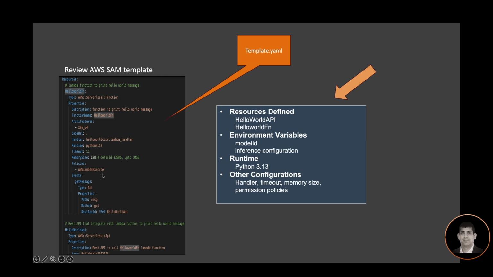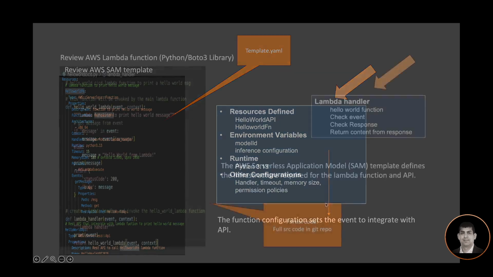I'm also defining an event which tells me that it's a type of API, so it's integrated with the API, and then within the Hello World API resource, I have the type and the description and name and few other parameters. So this function configuration sets the event to integrate with the API.